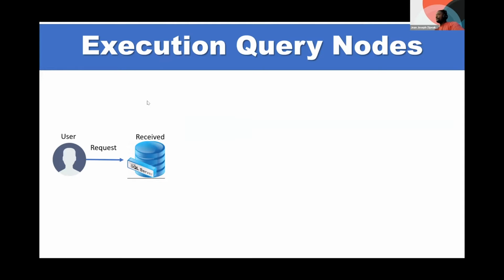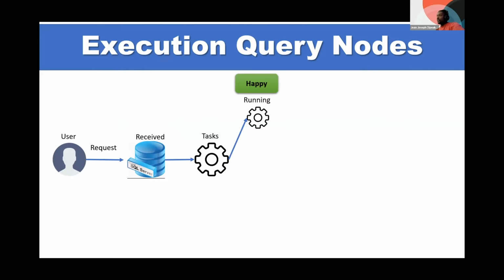A task is created. If resources are available, SQL Server proceeds with that request. So that means it is running. Running means SQL Server is happy because resources are available.